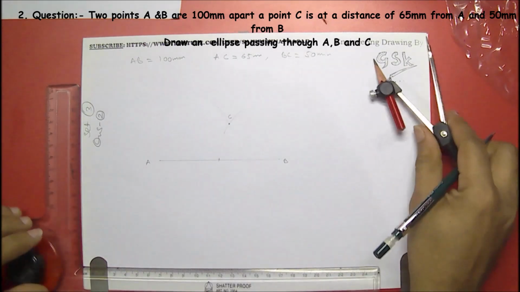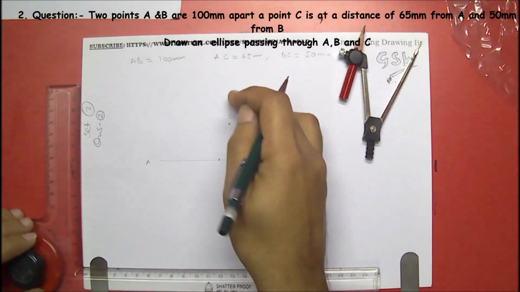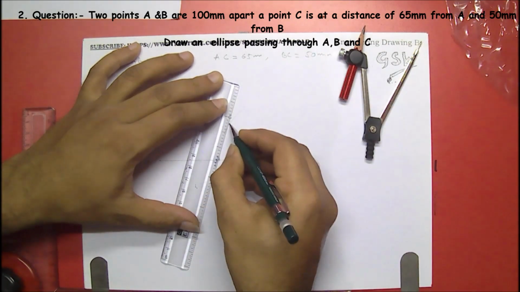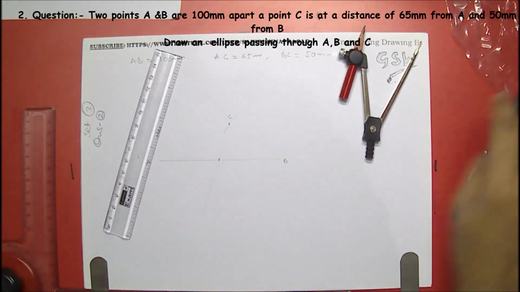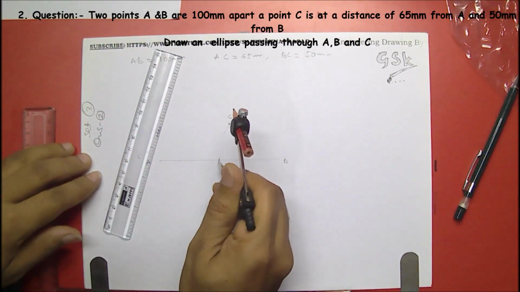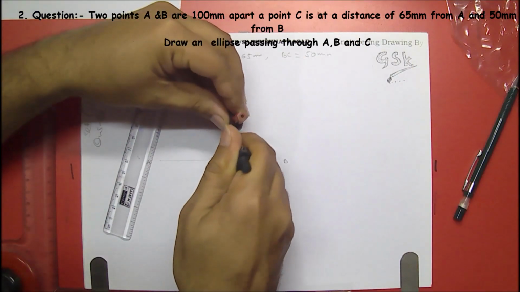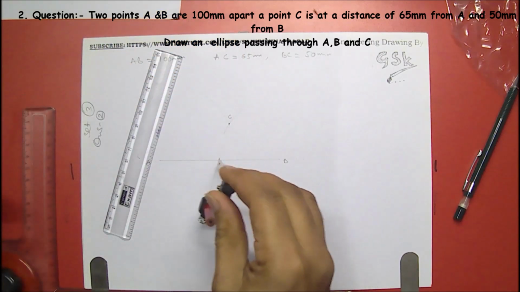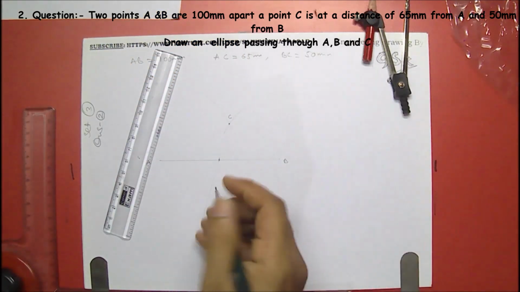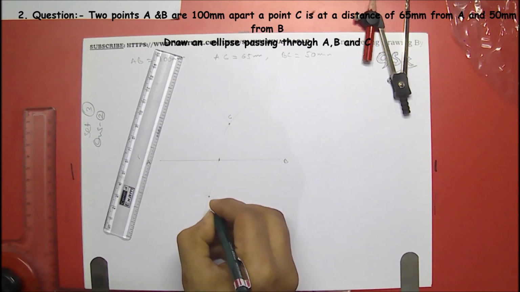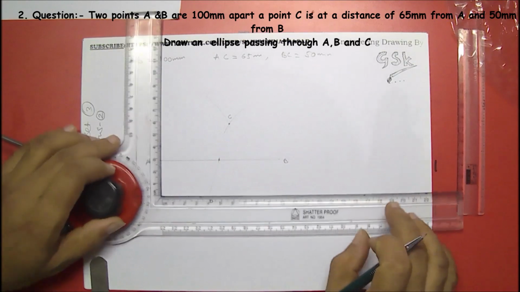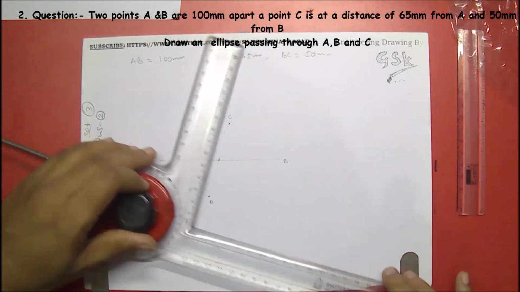Right, so this is the midpoint, and you have to draw the line from here to here and measure the distance, and draw down. So this point would be D. With this we can construct a parallelogram.